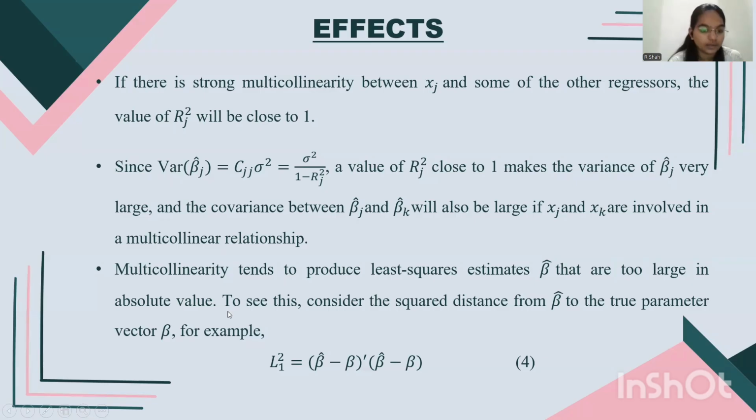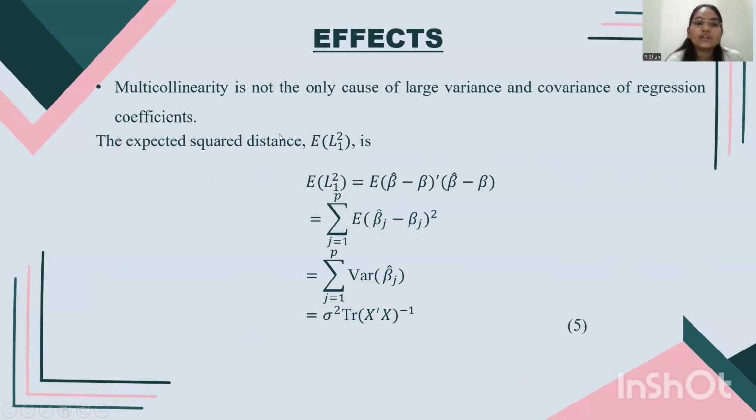Here the Rj square value is close to 1, which makes Cjj sigma square, that is variance of beta j cap, very bad. And in our regression model, we always want a low variance model as the best fit model, right? So multicollinearity is not the only cause of large variance and covariance of regression coefficients.